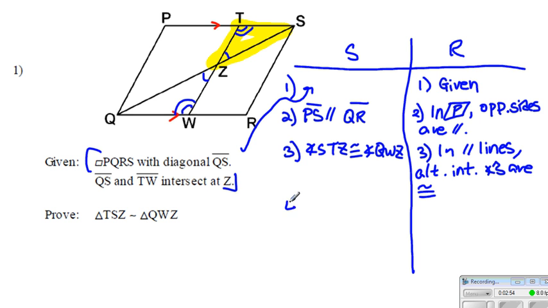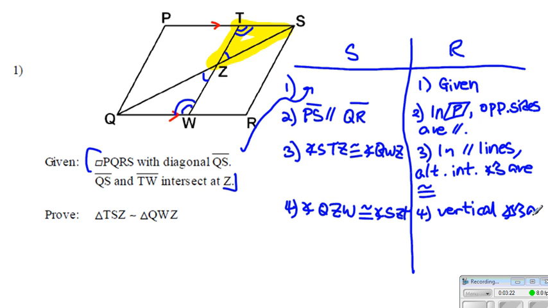And step number 4, we can say angle QZW is congruent to angle SZT. Now, of course, these are vertical angles. Vertical angles are congruent.